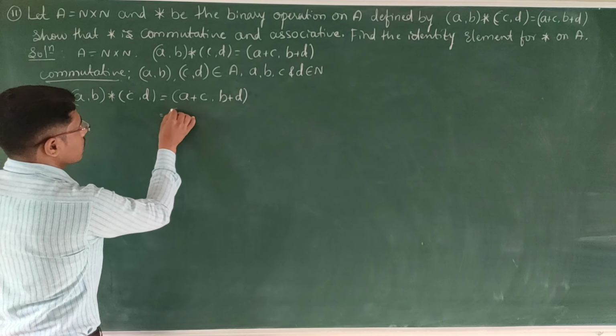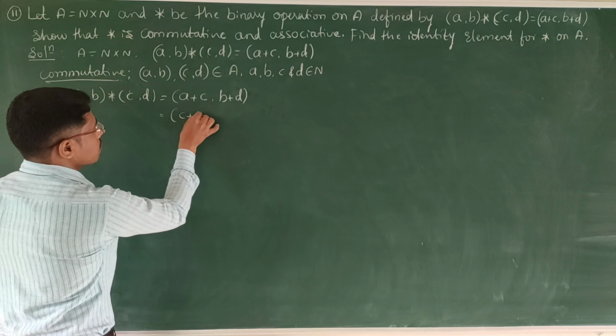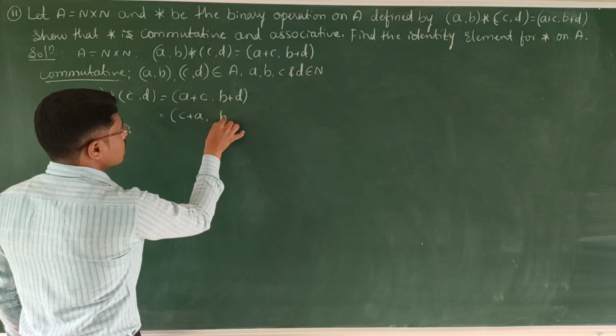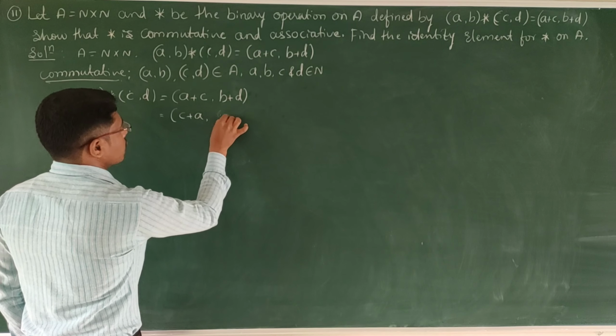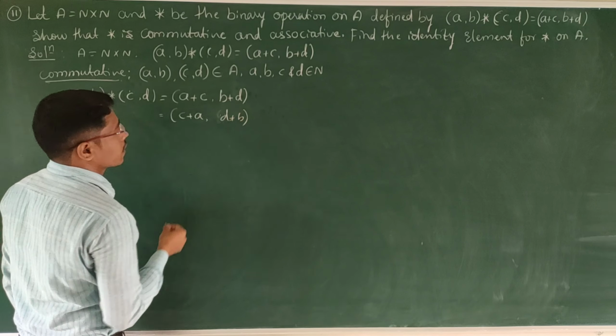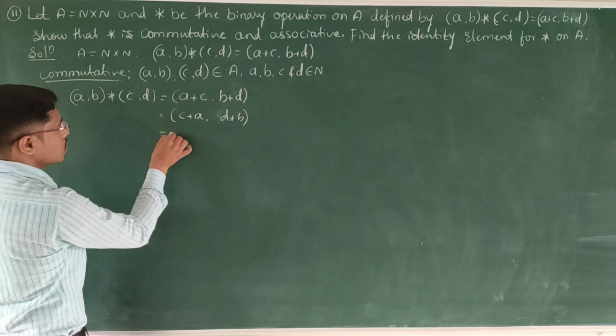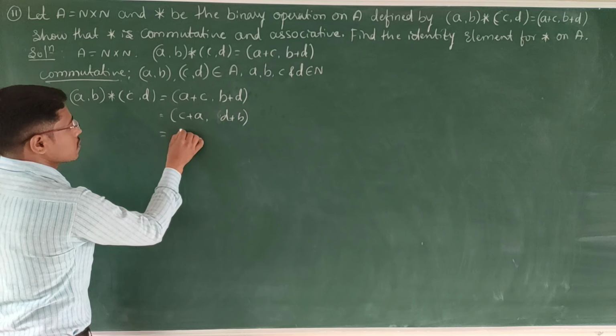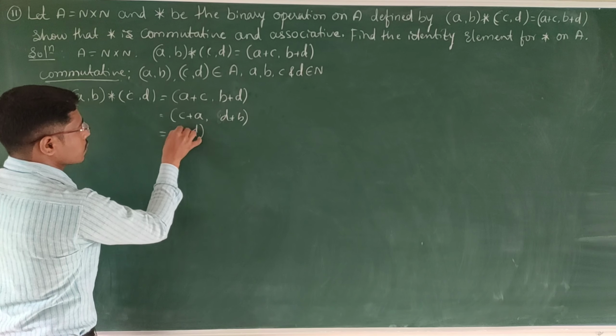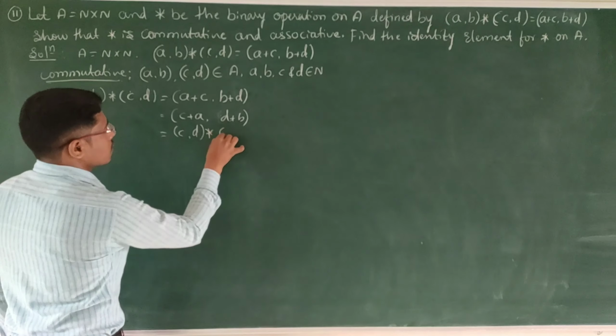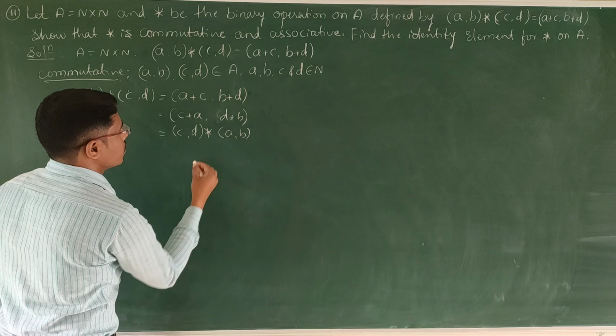So we can write this as (c plus a, d plus b). Okay, so this is nothing but (c, d) star (a, b).